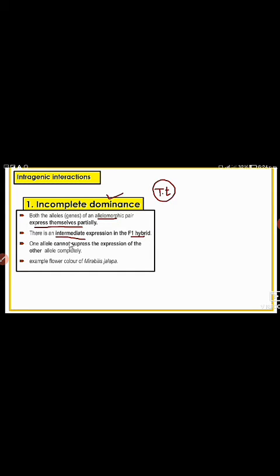It is called intermediate expression in the F1 hybrid, and one allele cannot suppress the other. Capital T is not fully dominant over the recessive character. It's called incomplete dominance.